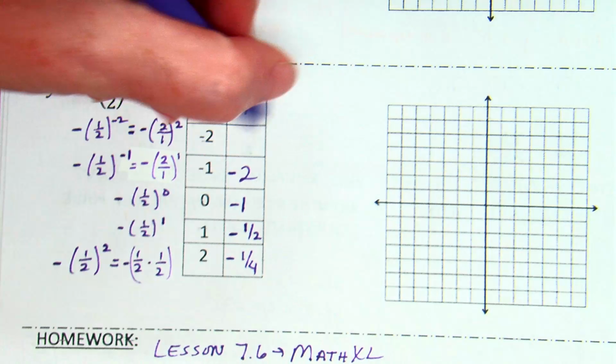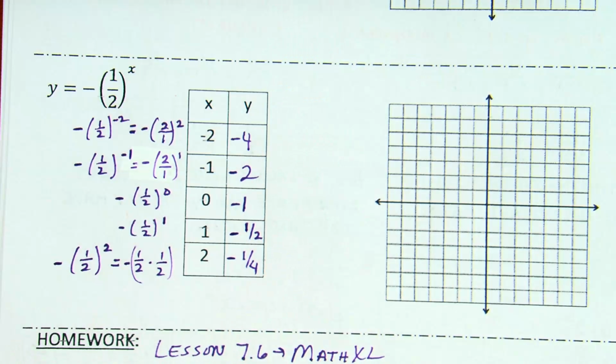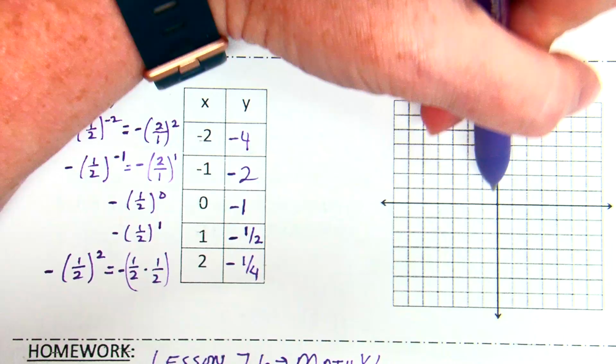Yep. Okay, so we're going to have a similar shape of graph, but it's just going to be facing different directions. So if we graph negative 2, negative 4, that's left 2 and where? Down 4. Negative 1 is over, down 2. Left 1, down 2. 0, negative 1. Just stay there.